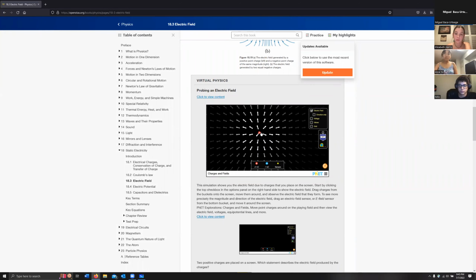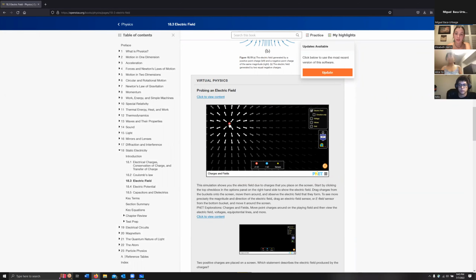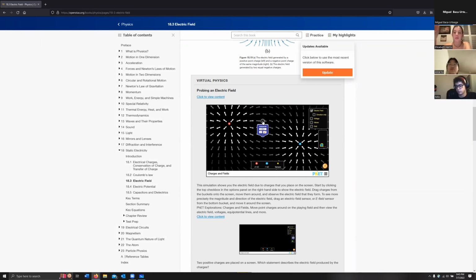You can see how the electric field adjusts as I move it around. And this is a negative charge, and you can see how it curves the electric field around it. And so the voltmeters. Can I zoom this in? Is this too small for you guys?